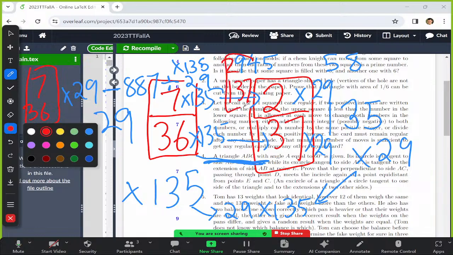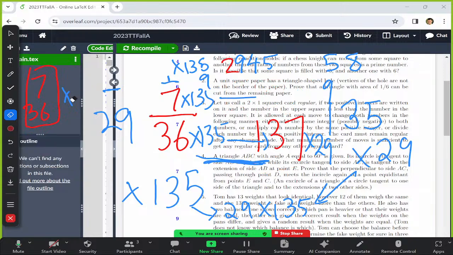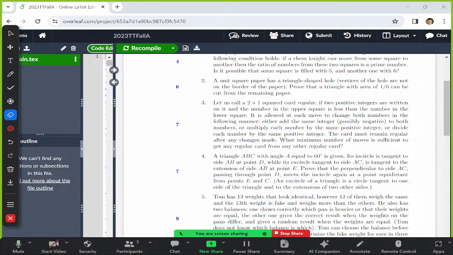137. Times 29 minus 777 divided by 29. Sorry, times 135. Wait, let me just erase everything. So I'm saying that if you got, what were the numbers again?